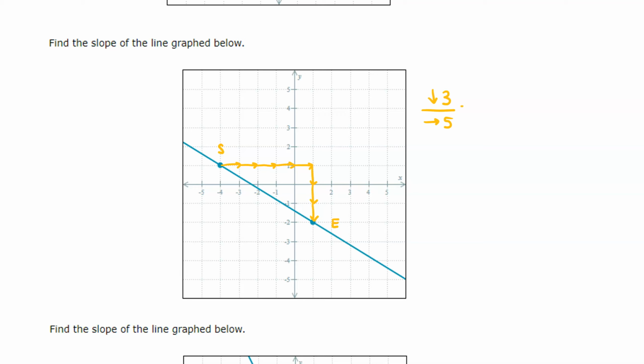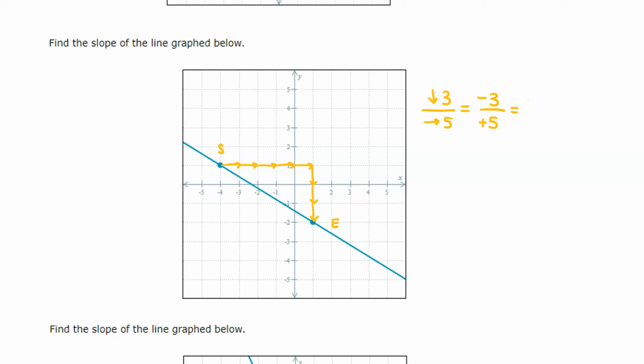And now we have to attach our pluses and minuses. So on the y-axis, if you're moving down, that's the negative direction. And on the x-axis, if you're moving to the right, that's the positive direction. So when you have one positive and one negative, the whole thing is negative.